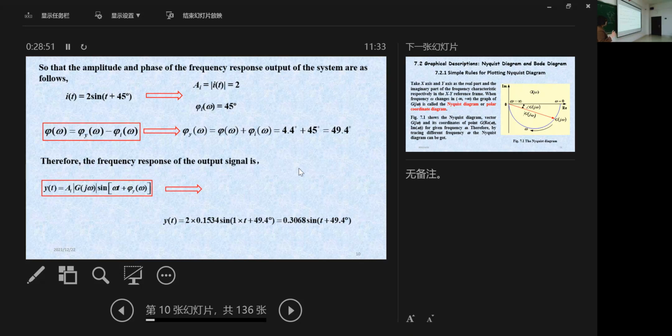Let's do the analysis. How many forces are acting on point P? It's just a point, no mass, of course. For P, if P is moving down, then the spring attachment has a force.